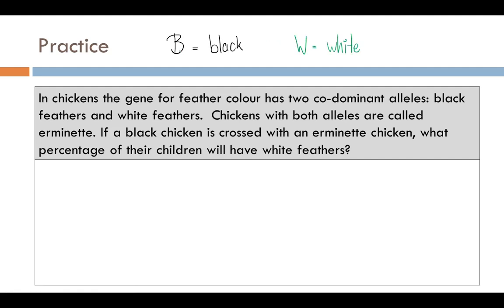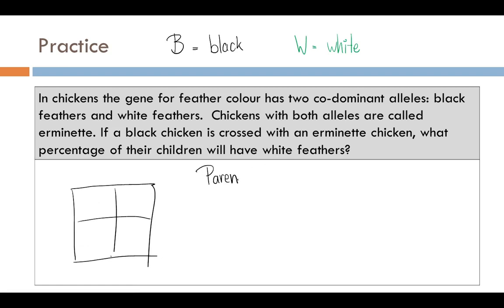Again, 2 capital letters because they're codominant. I'm color coding it so that it's really obvious where the alleles are. It's always important for me that I make things as obvious as possible. Look at all those straight lines. Wow. What a pro.